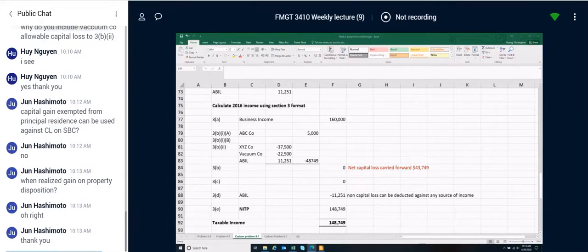I'm not trying to be facetious, but what I'm trying to show is why you need to make sure you understand your triggers and understand the concept, because there's lots of rules. It's very easy to get mixed up on these rules. But you have to go back to what triggers a rule, and then ask, what's the purpose of the rule?